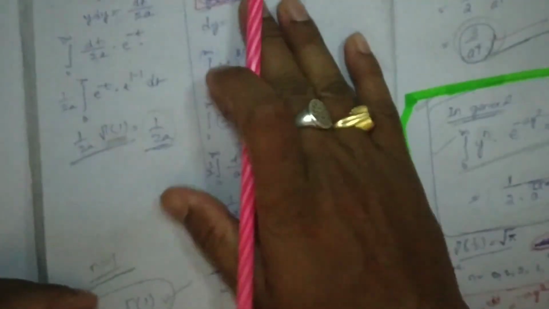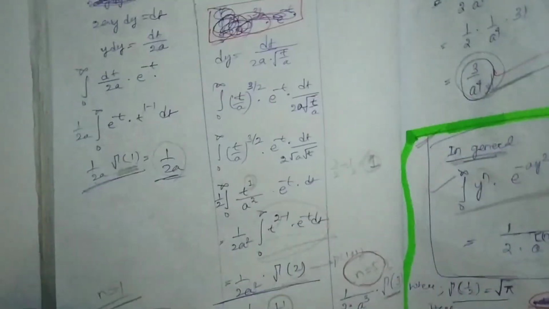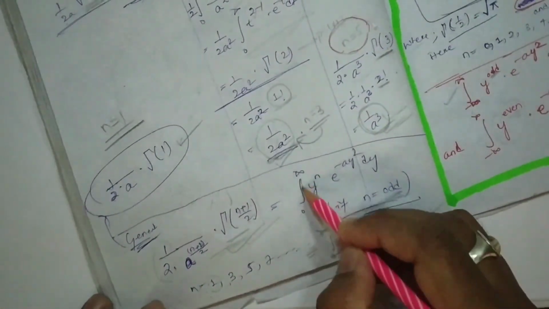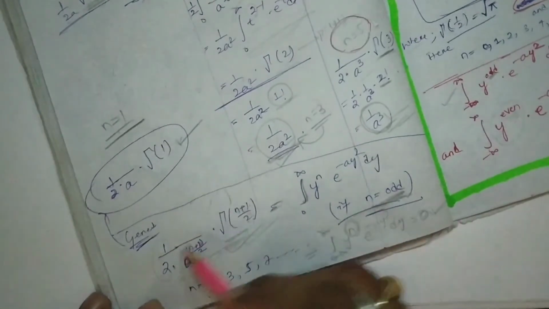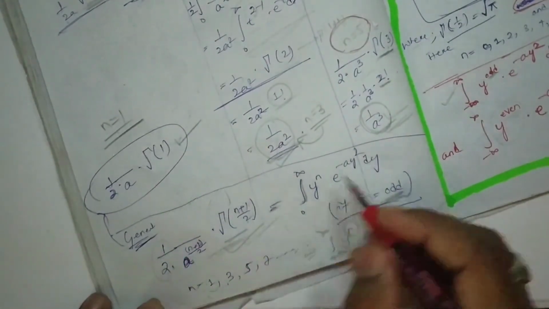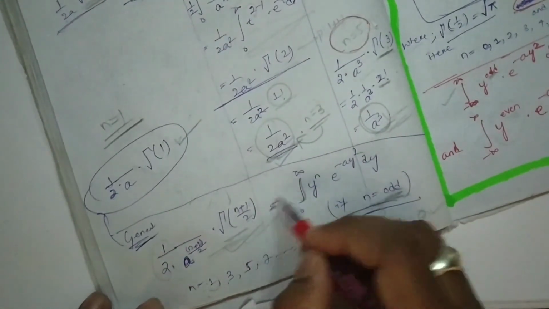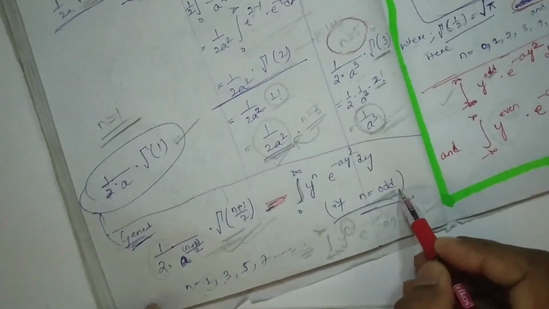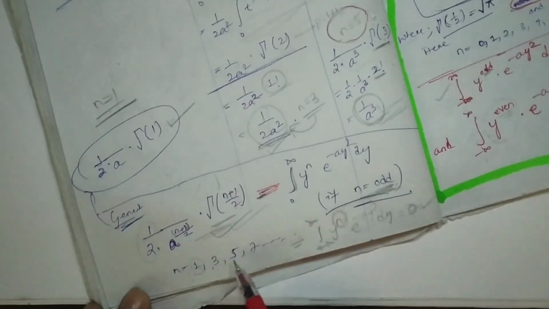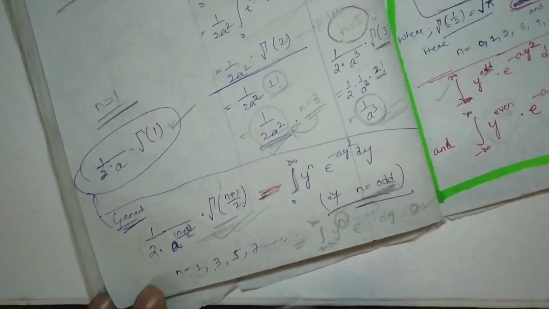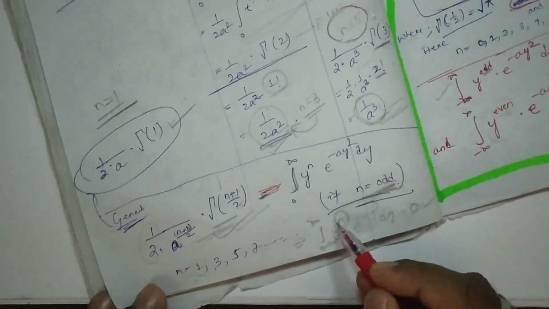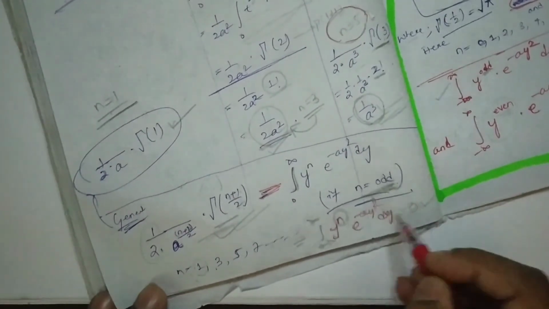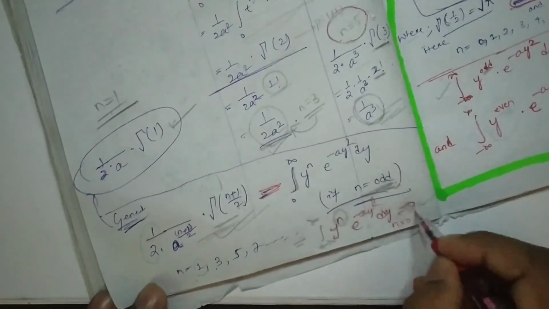After derivation for n equal to 1, 3, 5, in general we can find that this one is equal to this one. You have to write: if n equal to odd, where n equal to 1, 3, 5 like this, the integral from minus infinity to infinity of y to the power n e to the minus a y square dy equal to 0, where n is equal to odd.